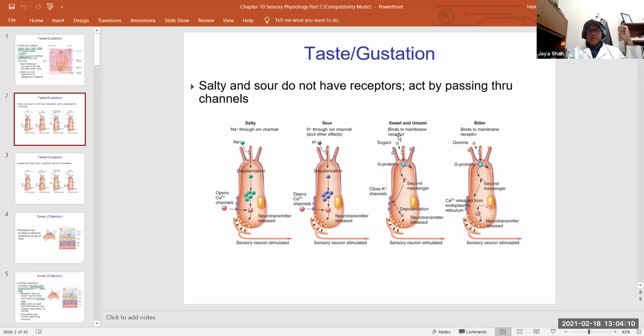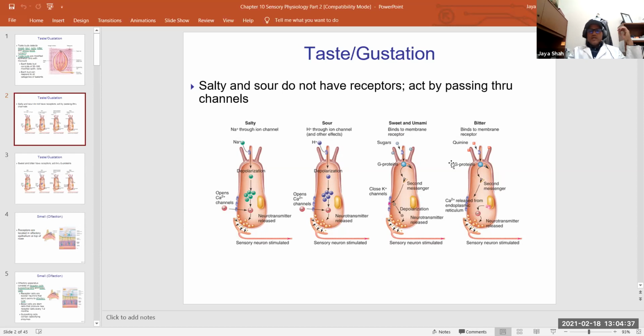But sweet, umami, and bitter are large molecules like sugar and quinine. They cannot enter through these channels. So they have to bind with the receptor found on the surface of these hairs. And then they activate a G protein, which lies under the plasma membrane.